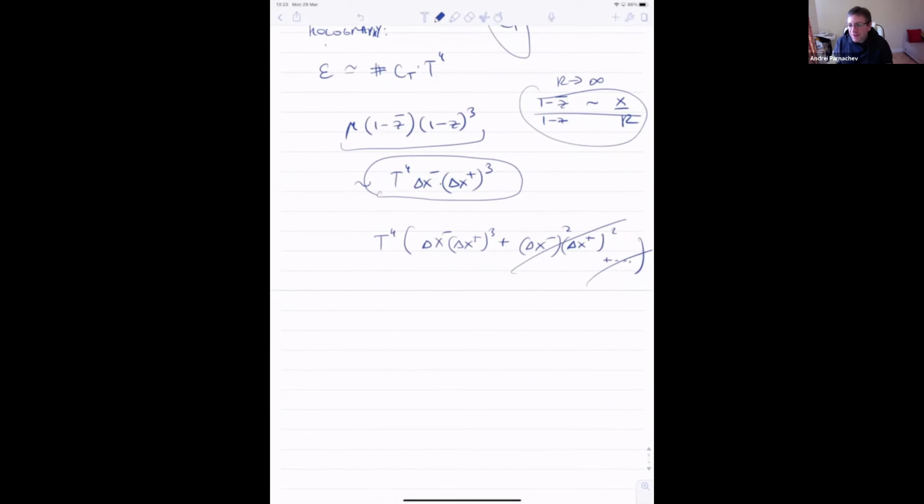And in free theory, of course, you can compute these correlators, light-heavy correlators, and you can decompose them in conformal blocks and so on. You can do a lot of stuff. So what happens in free theory is that.